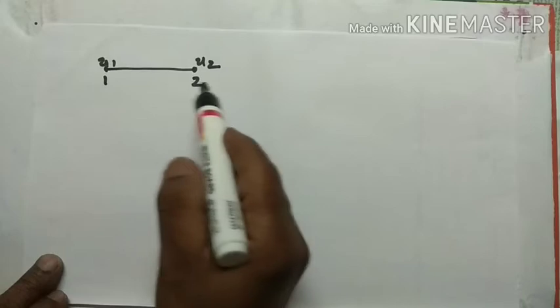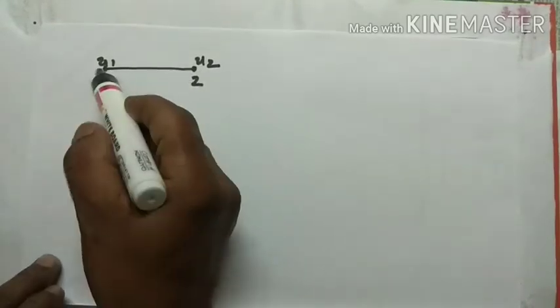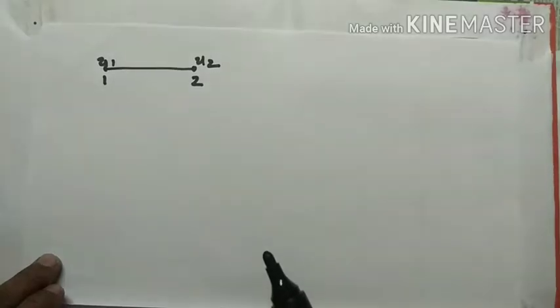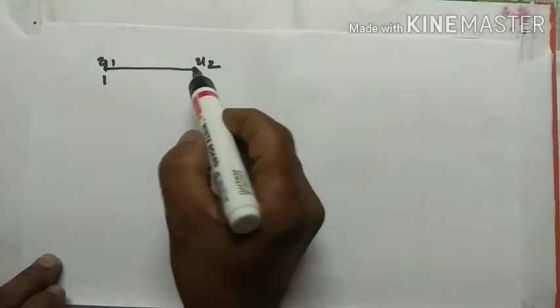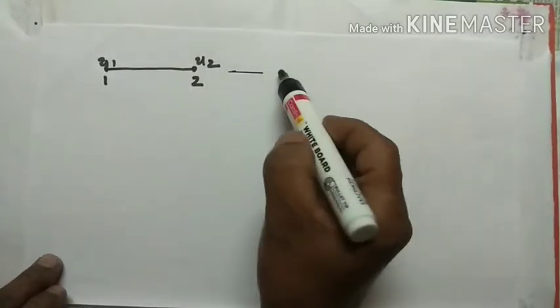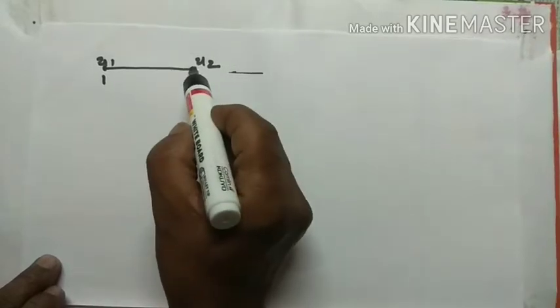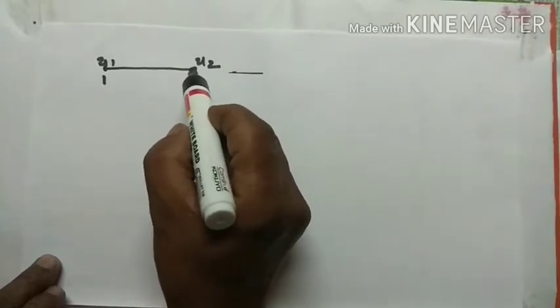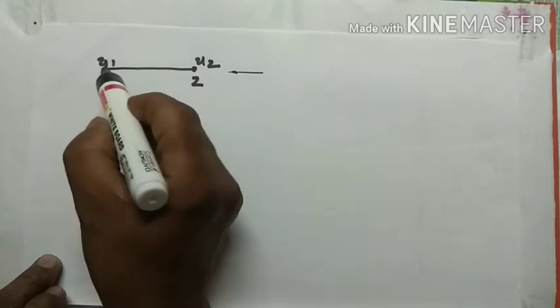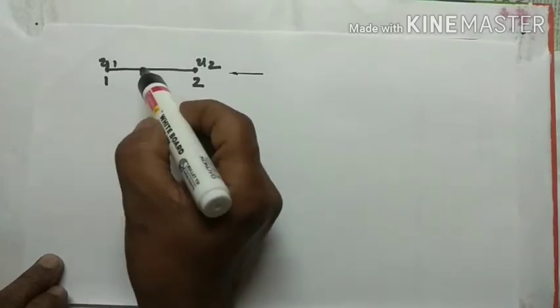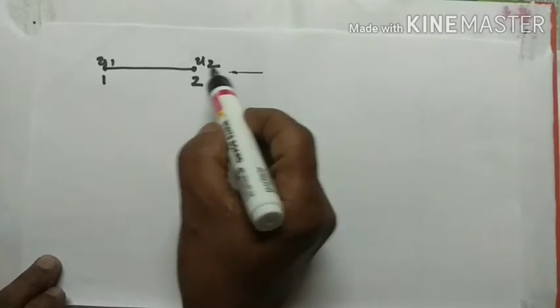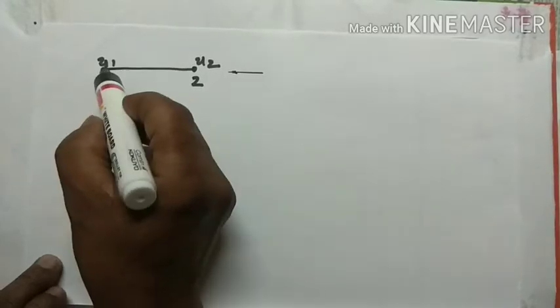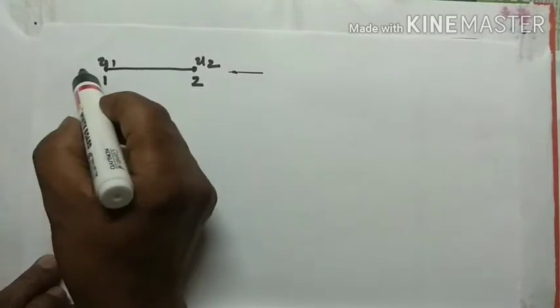In the case of one-dimensional elements, the displacement at nodes are linear, that is along this direction. At node 2, the displacement is along this direction. At node 1, the displacement is along this direction. Either this direction or this direction. Here also either this direction or this direction.